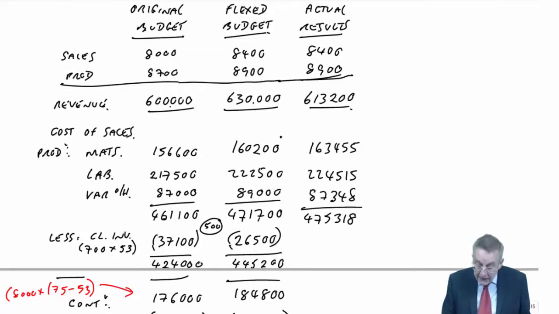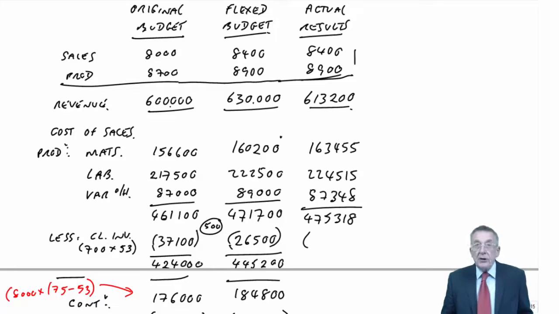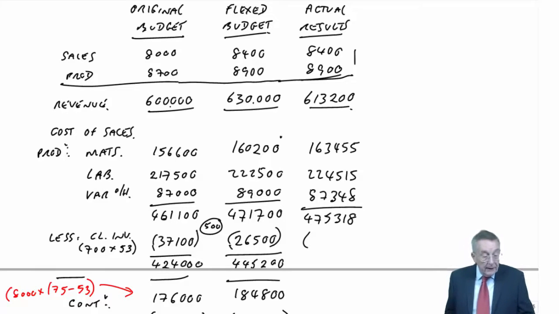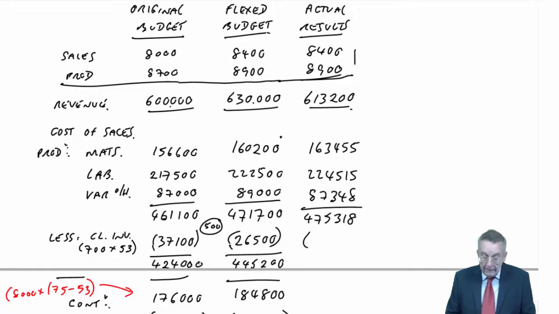So again, we need to subtract the closing inventory. Standardly though, the closing inventory, we do value still at standard cost. Now I'll tell you why in one moment. For the closing inventory, there are 500 units left. The standard cost was 53 a unit. 500 at 53 is 26,500.